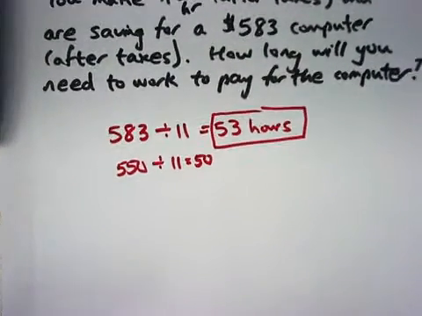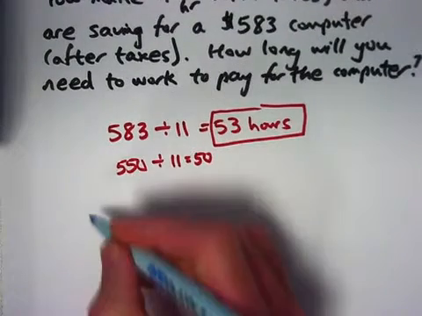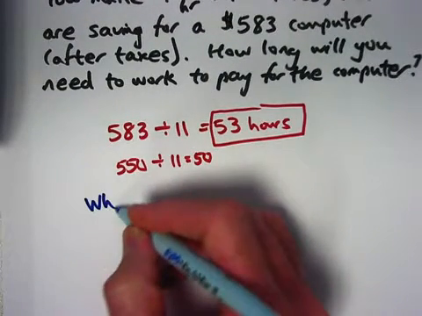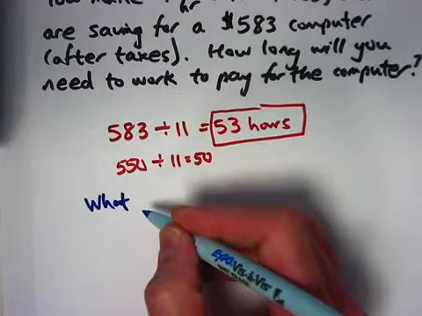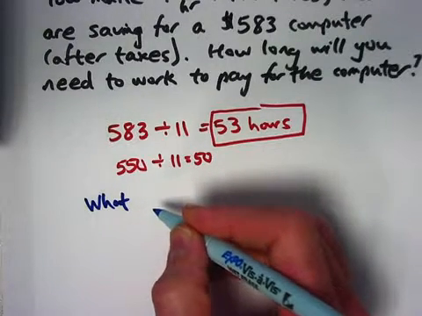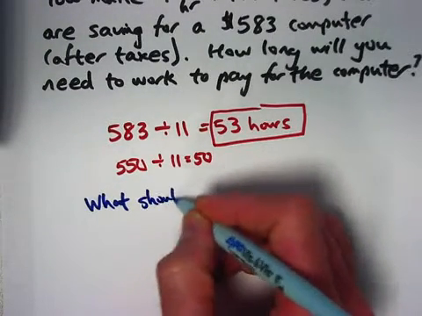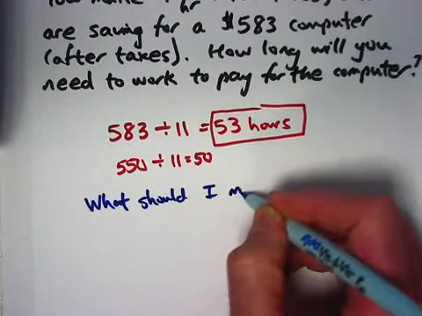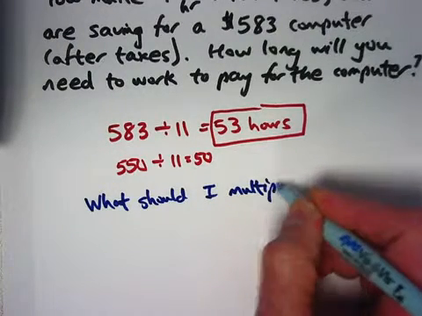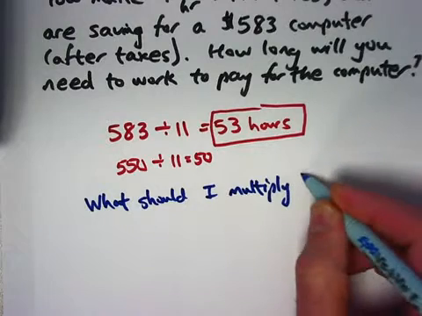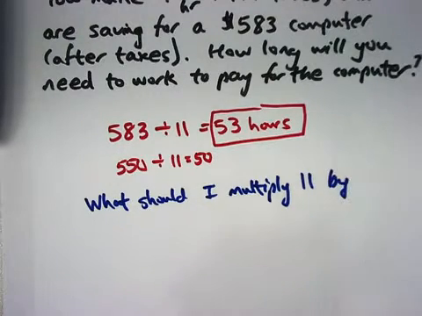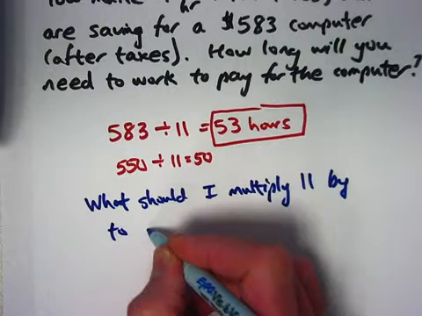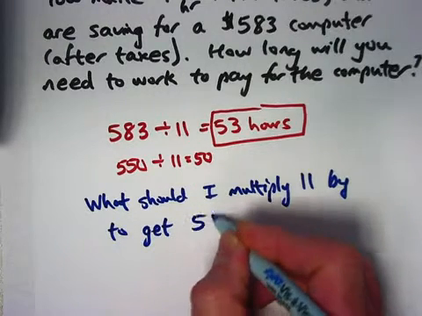In words, you could phrase this one as, let's see, trying to be analogous to what we did before. What should I multiply, notice the word multiply, 11 by to get 583?